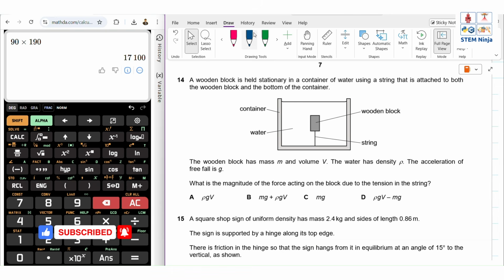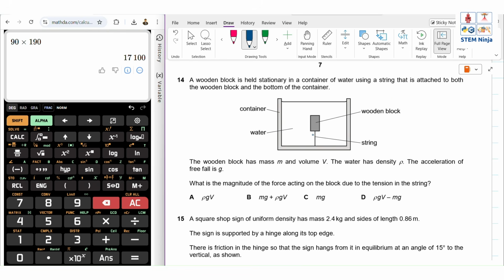A wooden block is held stationary in a container of water using a string that is attached to both the wooden block and the bottom of the container. The wooden block has a mass m and a volume V. The water has density rho. The acceleration of free fall is g. What is the magnitude of force acting on the block due to the tension in the string?